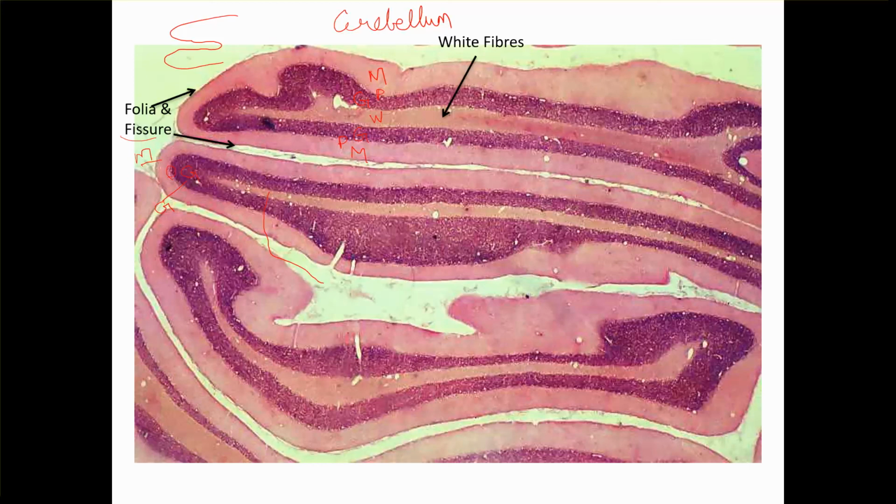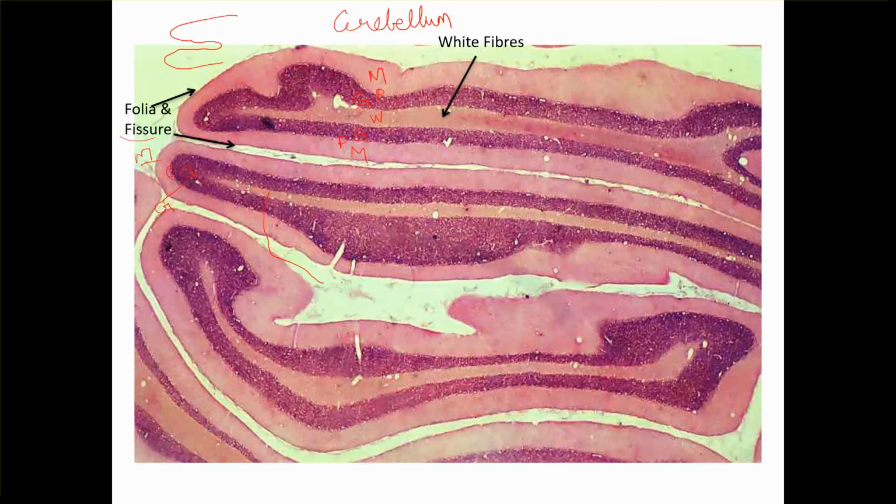This white matter is made up of fibers either entering, that is afferent, or leaving, which is efferent, to the cerebellum. They make three bundles, that is the superior, middle, and inferior cerebellar peduncles, which connect with the midbrain, pons, and medulla. So that's about the white fibers.